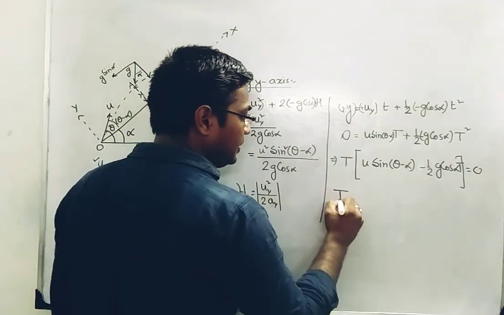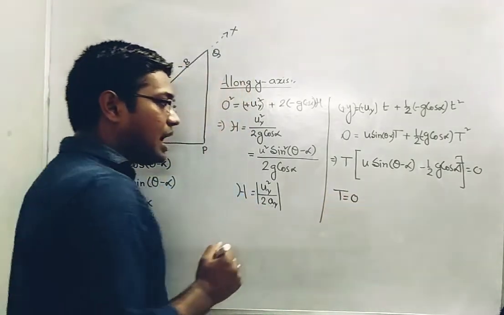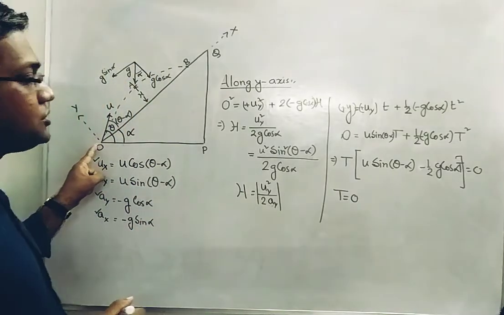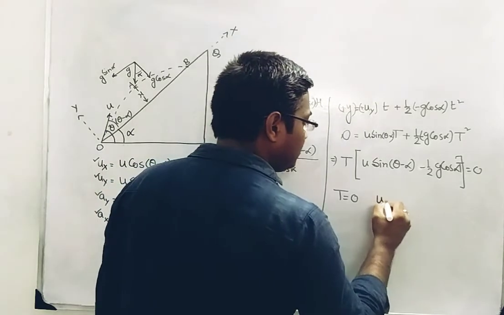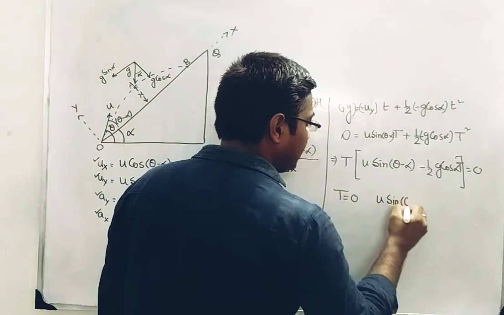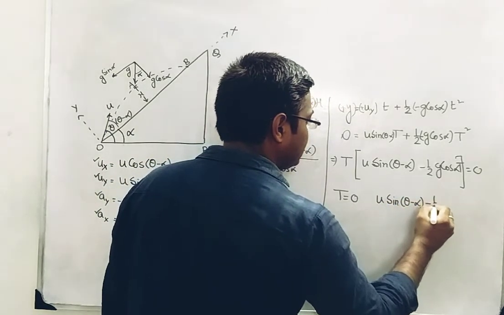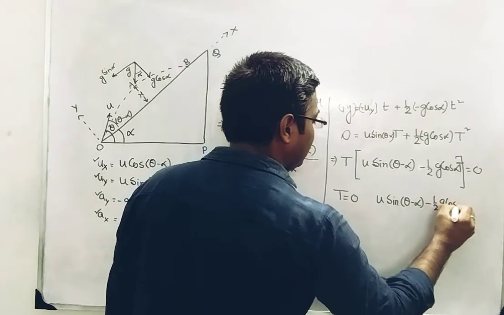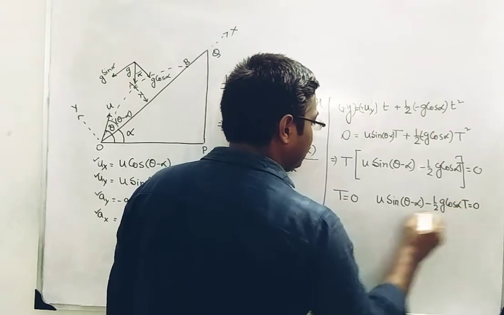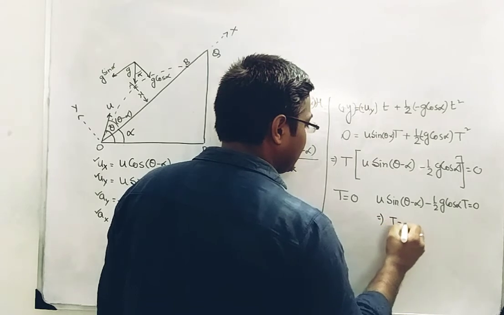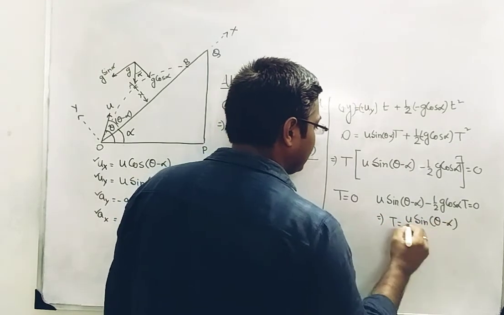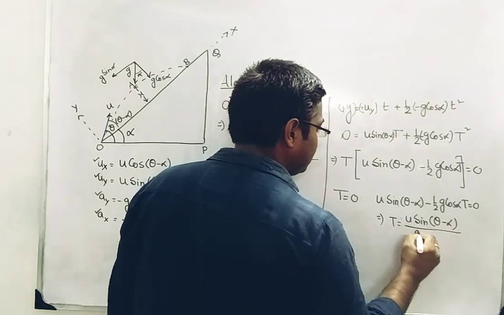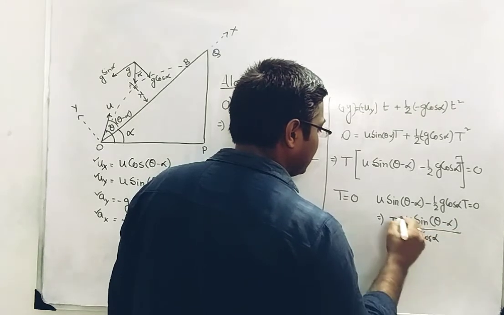This equation gives us y equal to 0 at t equal to 0, at the point of starting, and u sin(theta minus alpha) minus 1 by 2 g cos alpha T equals 0. So from here T equals 2u sin(theta minus alpha) divided by g cos alpha.